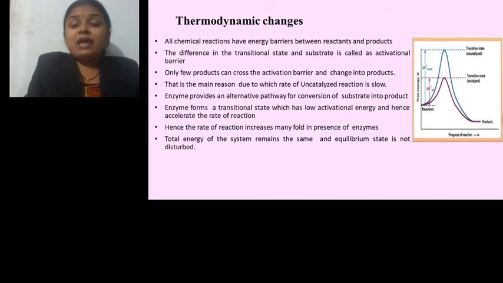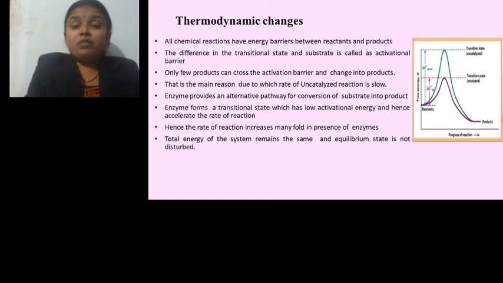Enzyme provides an alternative path for conversion of substrate into the product, where the enzyme, which is a protein, holds the substrate in such a way that the interaction between the substrate and enzyme happens, and the substrate can get converted into the product.